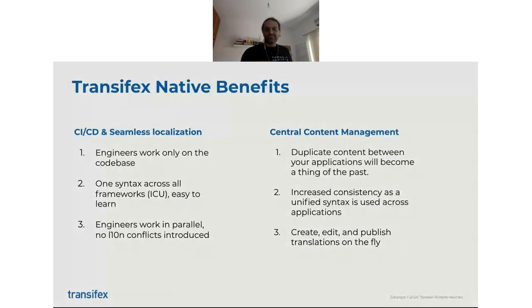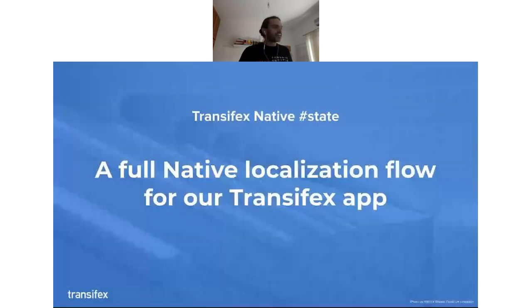Okay, so I won't bother you anymore with technicalities. I just want to state where we're currently at with Transifex Native. Right now, we're validating the solution over our application, the Transifex web application. We have built the first version of the full stack of what Transifex Native offers. That means that we have an SDK for Django and Python.